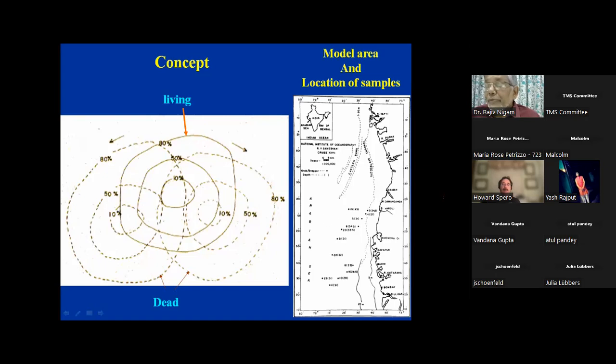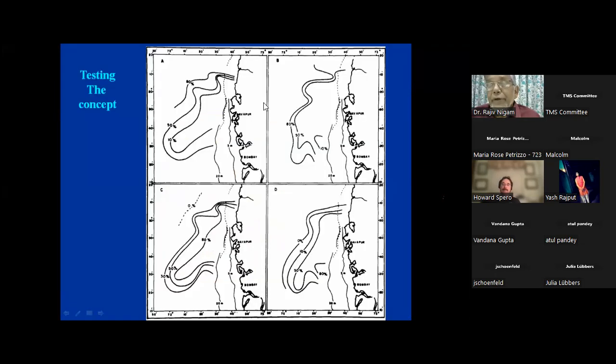This concept we tested near the Bombay area and the results show that the species which is covering the 10% area here, after their death, they're concentrated here. It means something after their death is pushing towards this direction. In the reverse way, the species which were abundant, 80%, have been pushed towards this direction.